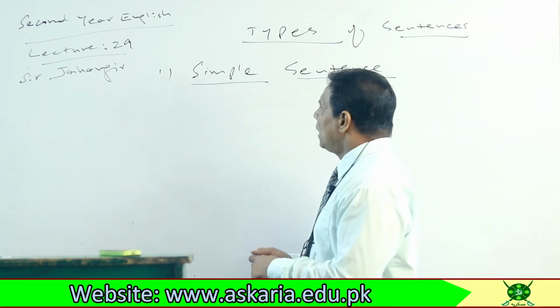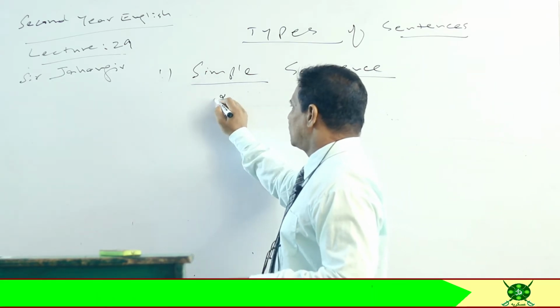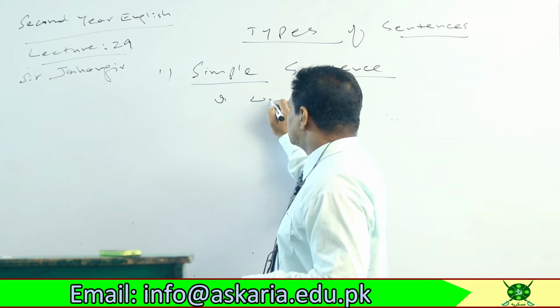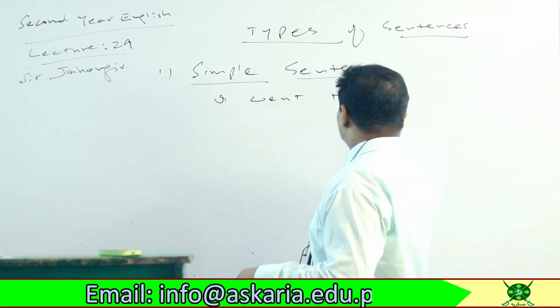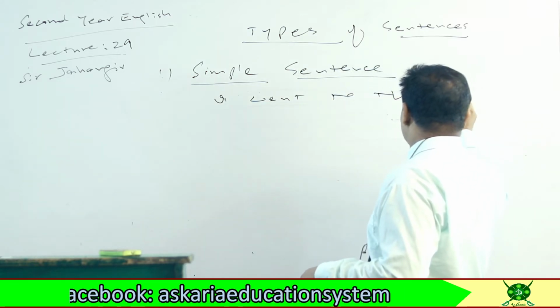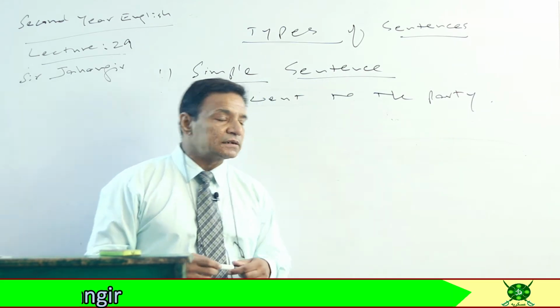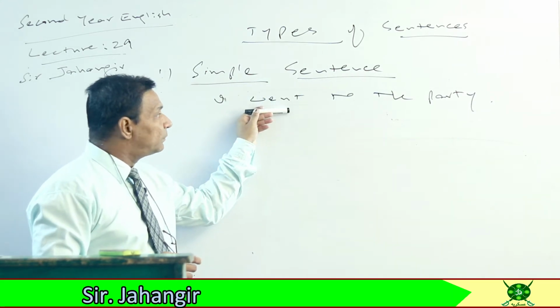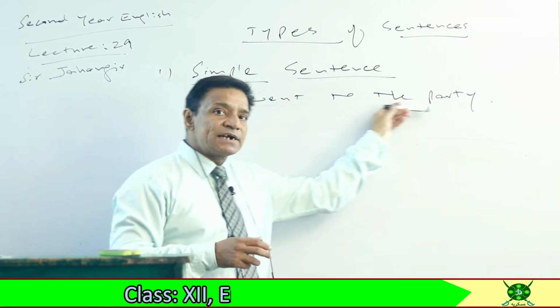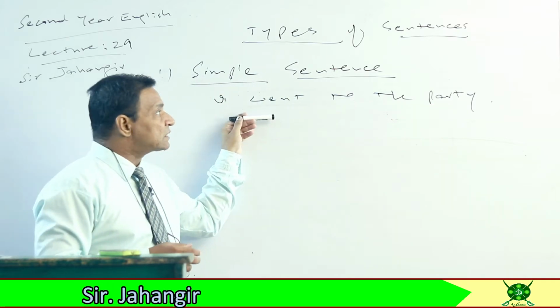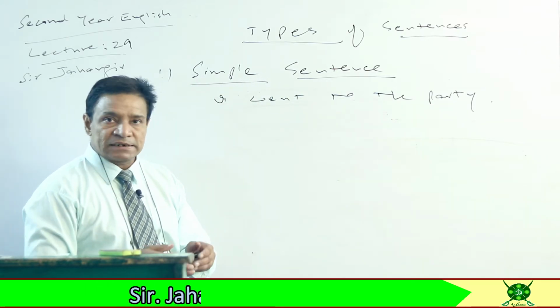For example, I went to the party. This is a complete sentence giving us a verb, subject, and predicate. So this is a simple sentence.